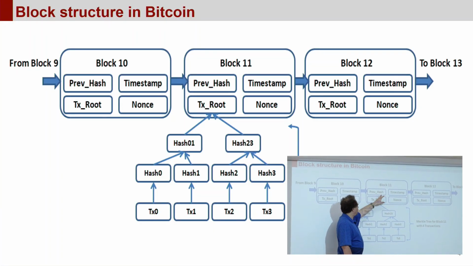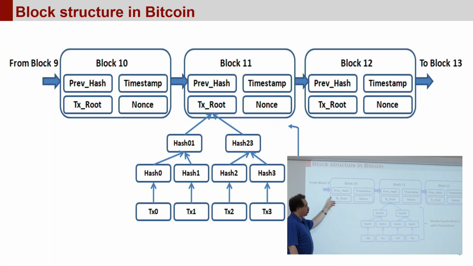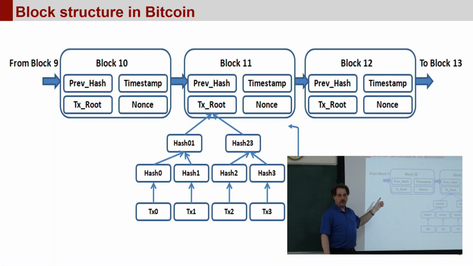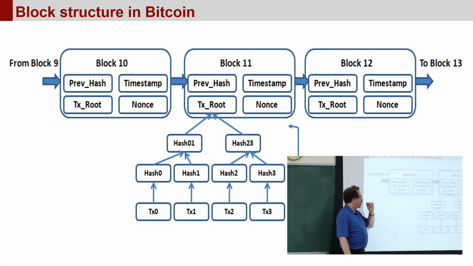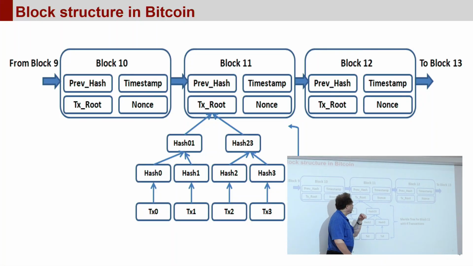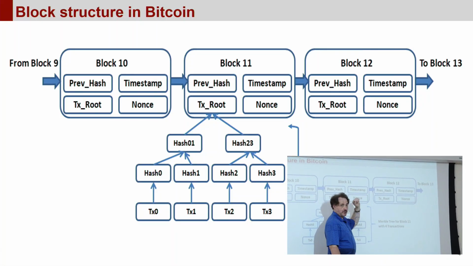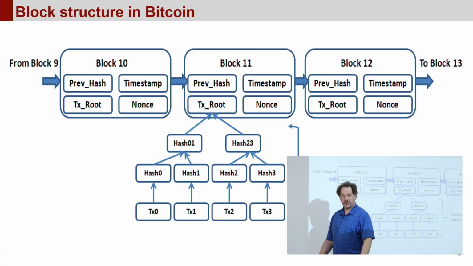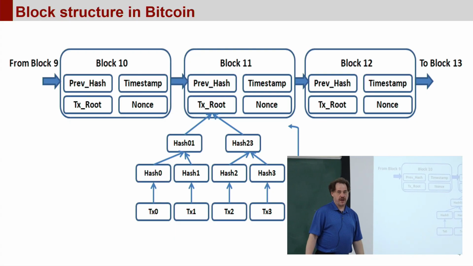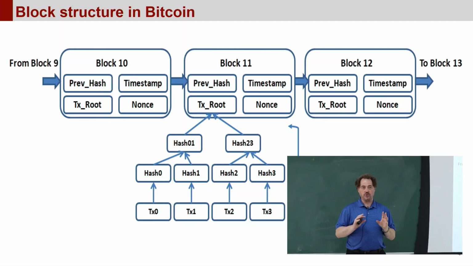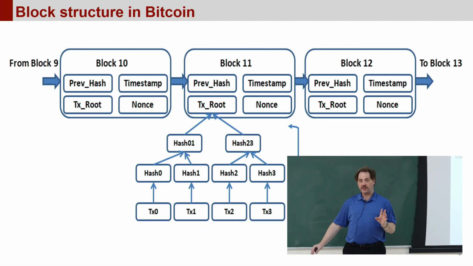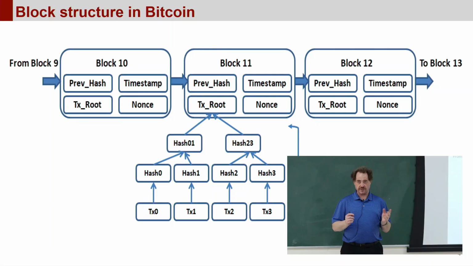As mentioned, there is a pointer to the previous block for the sake of immutability. Additionally, there is a timestamp when the block is produced. So if you propose a block with a timestamp in the past, the block would not be accepted.